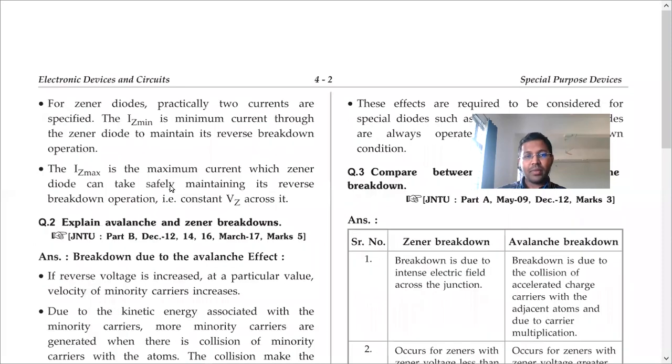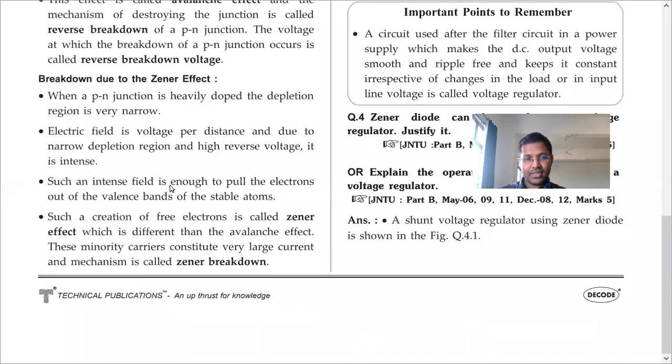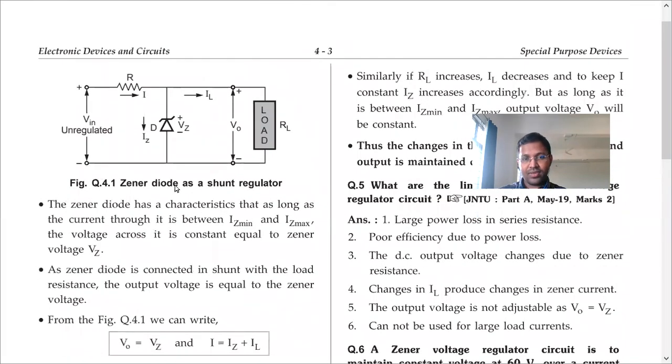Ohm's law you know very well. Current I is V by R. IL is inversely proportional to RL.